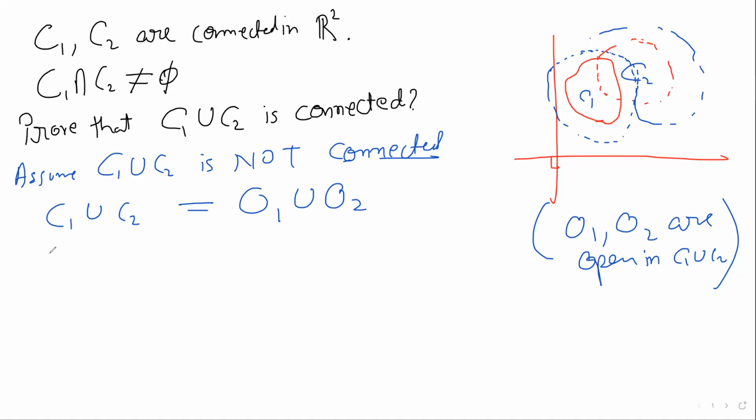So to make this formal, we'll have to just say that O1 contains C1 if this happens.